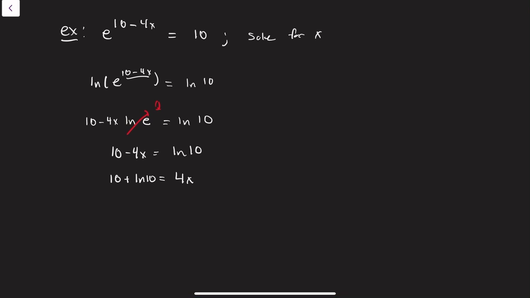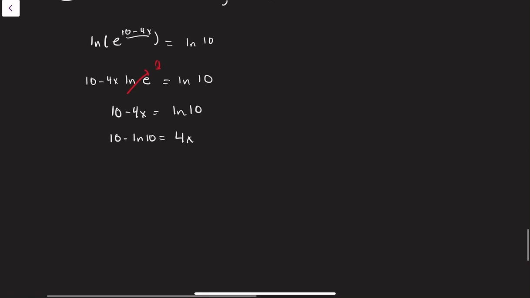And finally, we can say, minus ln 10. So it's simple algebra, but I got it wrong. Minus ln 10. And we divide everything by 4. We get 1 over 4 times 10 minus ln 10 is equal to x.